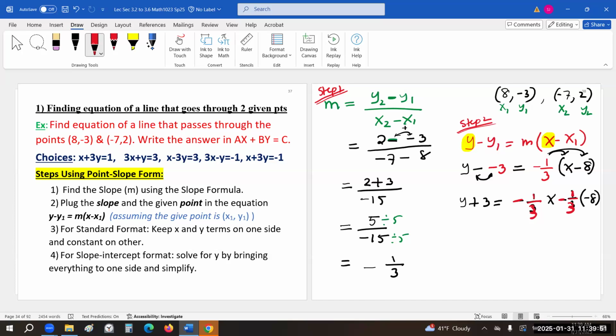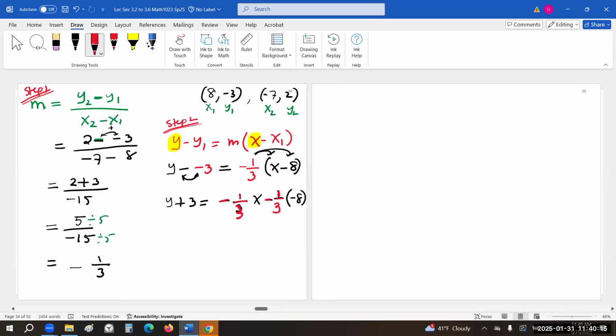The question is here. When you multiply a fraction with a whole number, how do you multiply? We only multiply the top actually, and we keep our bottom same. That's the rule. So we have -1/3 times -8.